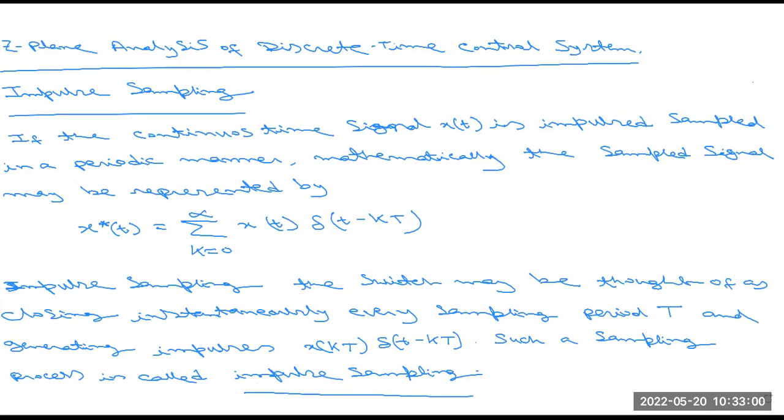Periodic manner means that in our z-transform method we apply different sampling periods, that is T, 2T, 3T, and so on.